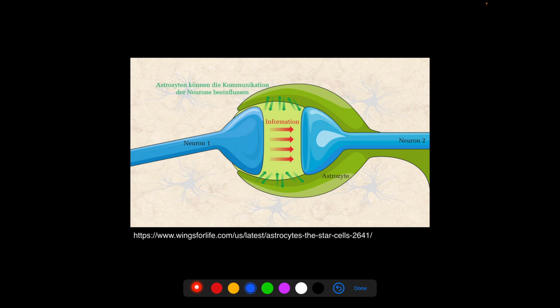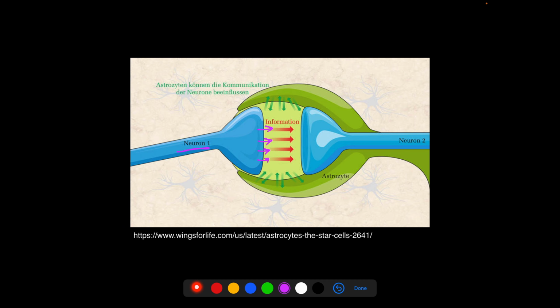Okay, so let's recap that metabolic chain using this diagram to visualize what's going on. When neuron 1 here, let's use purple, has an action potential, when it's firing, it releases glutamate into this area.